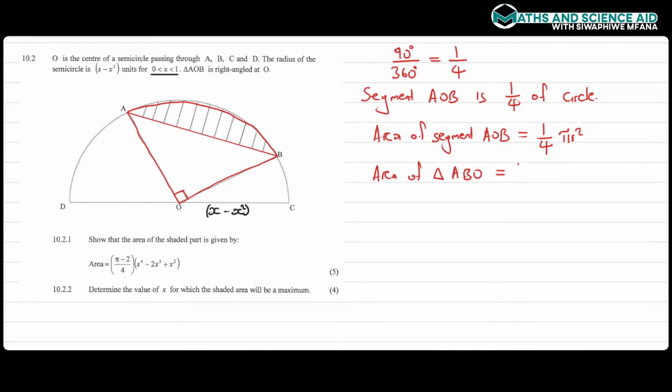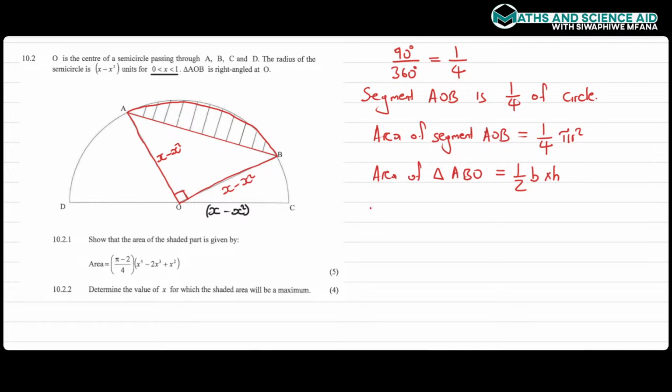We know that the area of a triangle is half base multiplied by height, right? So let me just write that here. Half base multiplied by height. The base of this triangle, fortunately, we know the radius is x minus x squared, so this is also x minus x squared. So the base is the radius and the height is also the radius. So we'll be able to calculate this, you see.